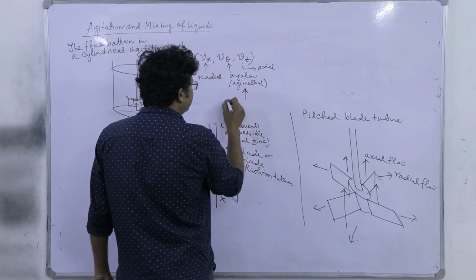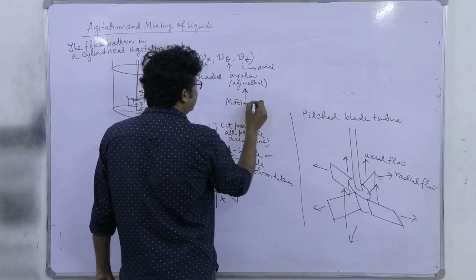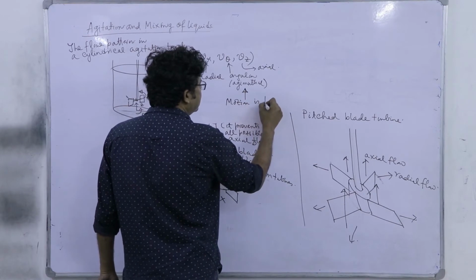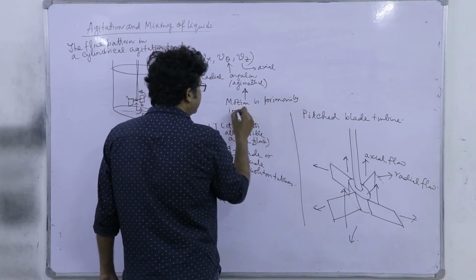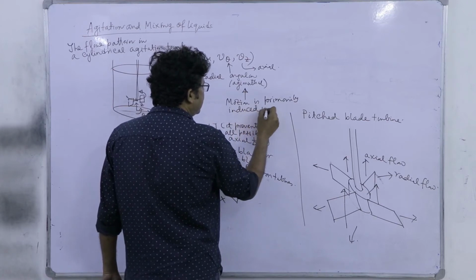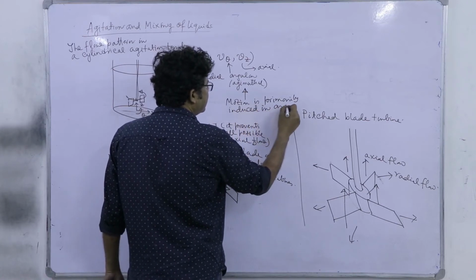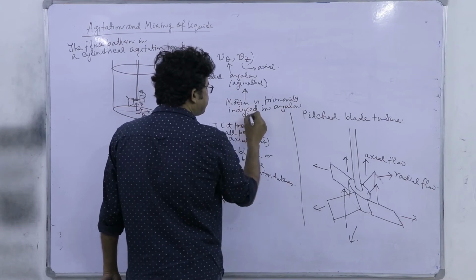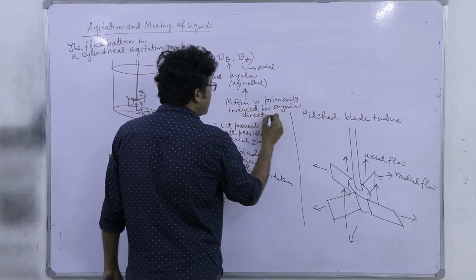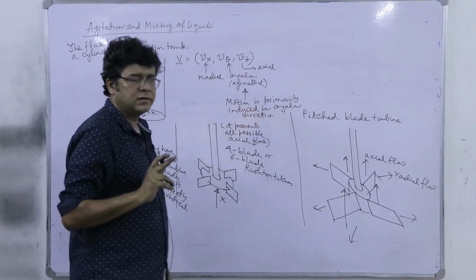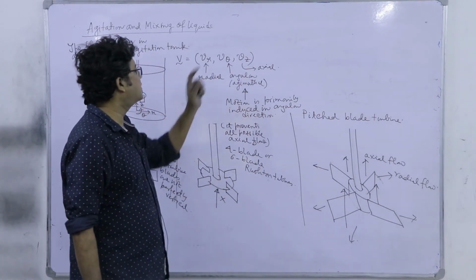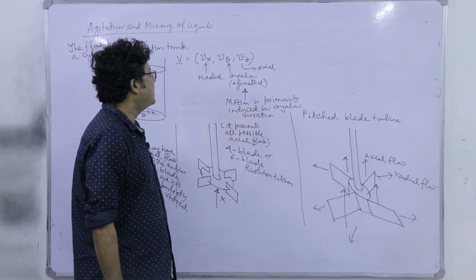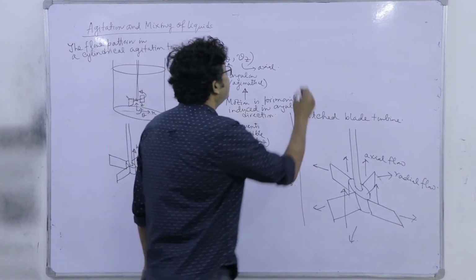So here we have to note that motion is primarily induced in the angular direction. Now, think of a situation where V is mostly V theta, and VR and VZ are negligible. What will happen?